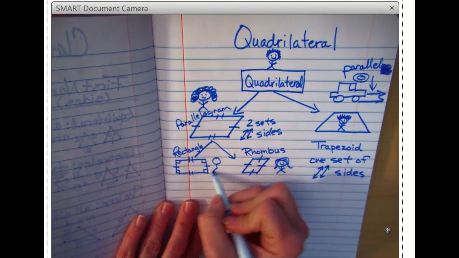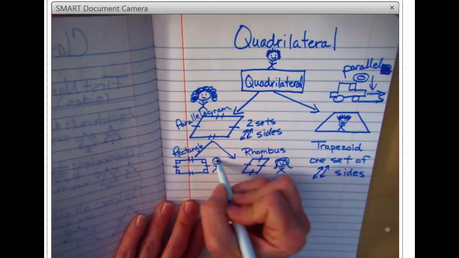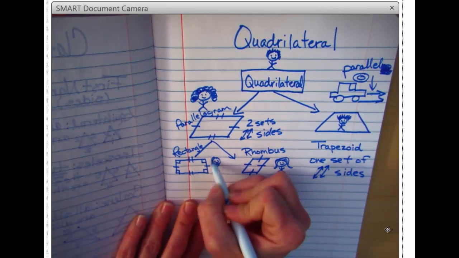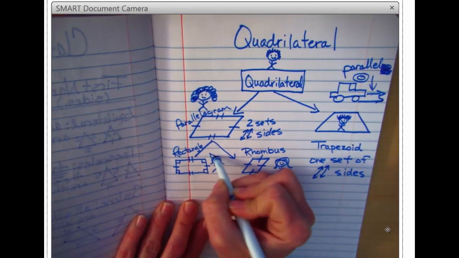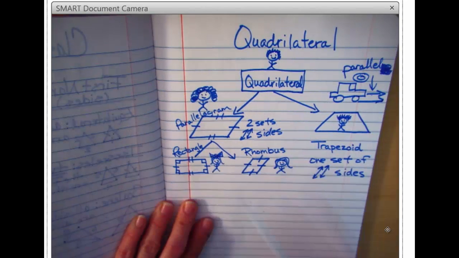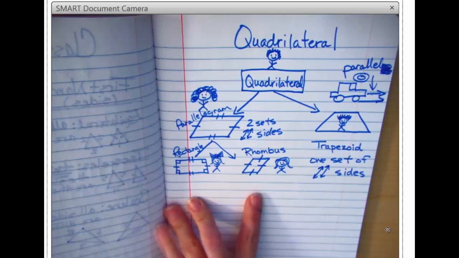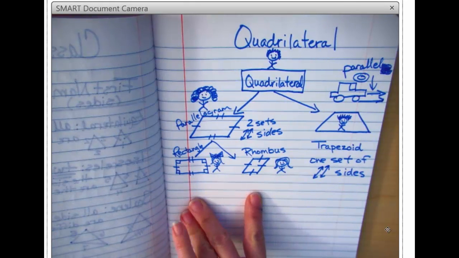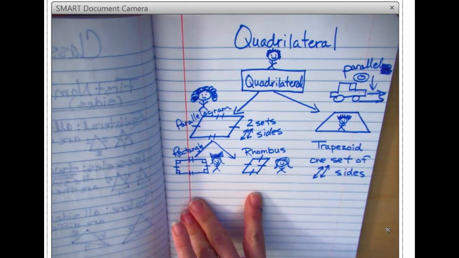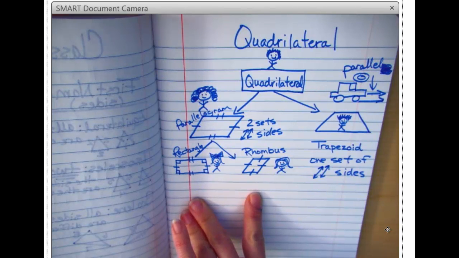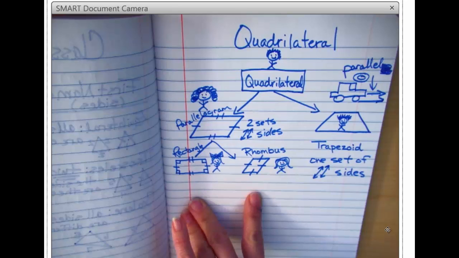A rectangle can be called a parallelogram and a quadrilateral. I'll give her a big old bow. They're friends, but they cannot be called the same name. You understand? A little bit more high maintenance, but still pretty easy to figure them out, right?